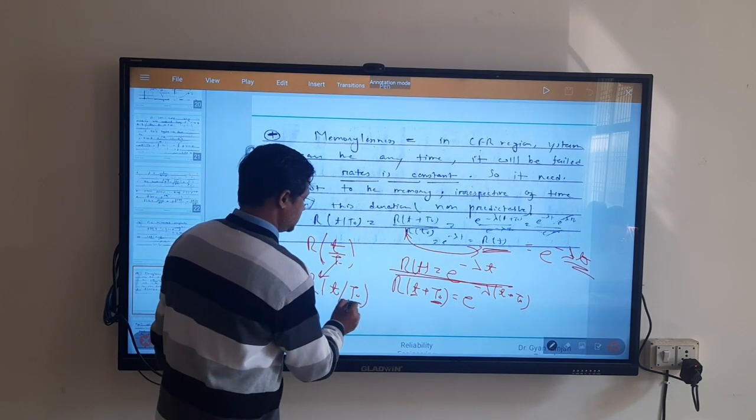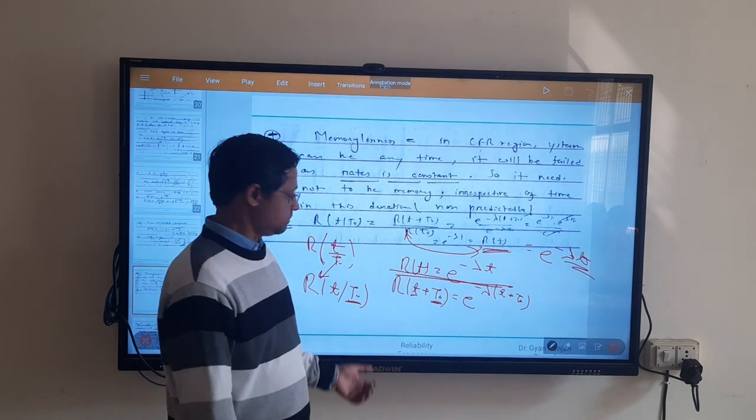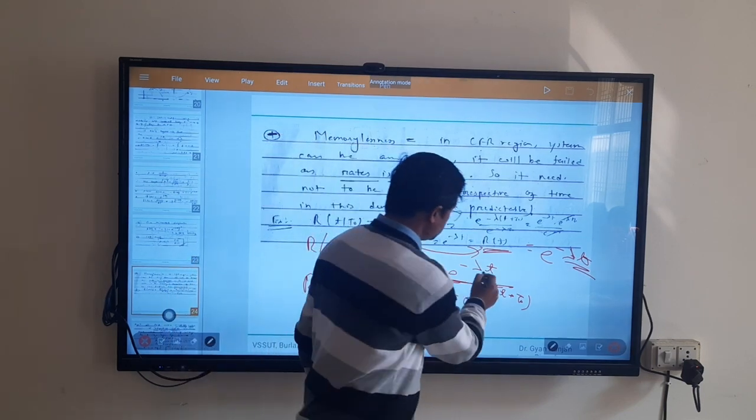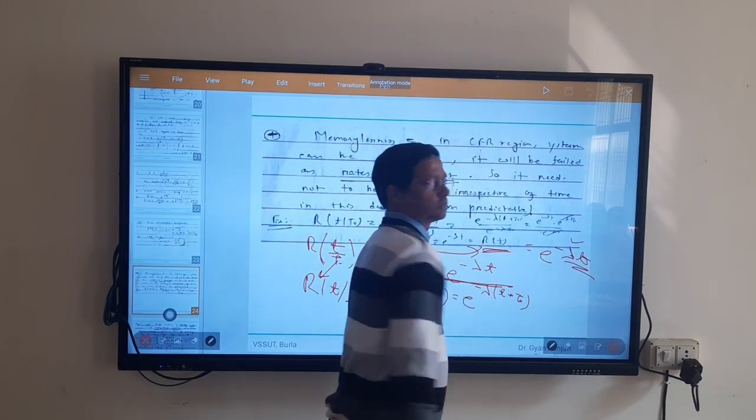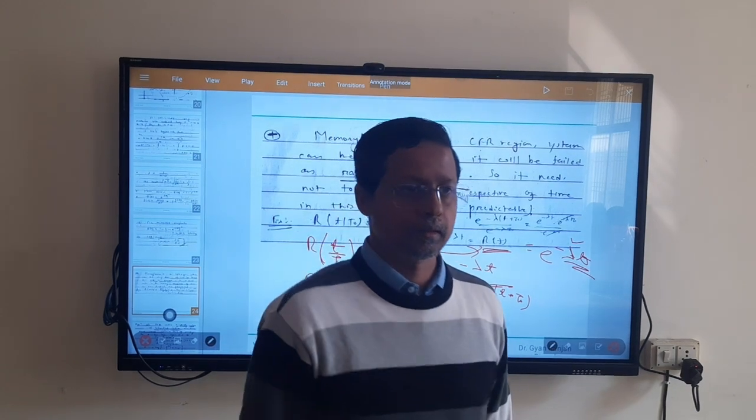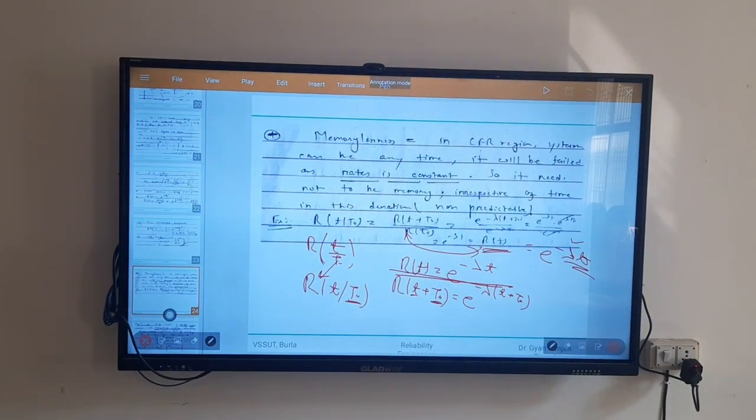Once this t0 is fixed, it doesn't matter whatever it is, it will reach the same place. What does it mean? It means the reliability function of a component or of a system in its useful life period, or in its entire life cycle, whatever it is, the behavior of the same component within a definite period will also remain the same.